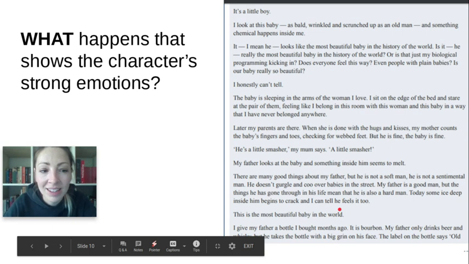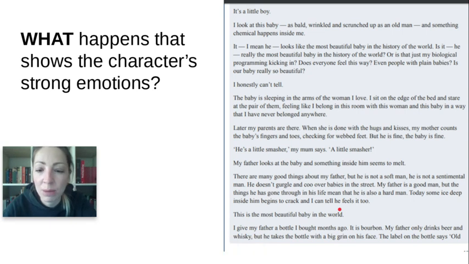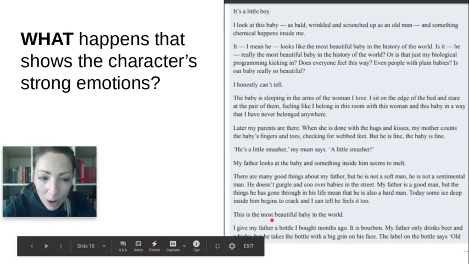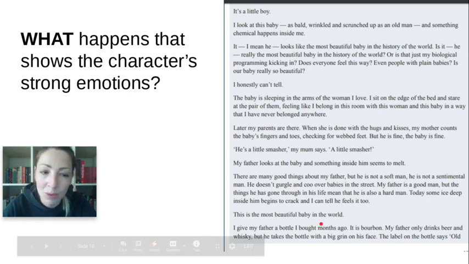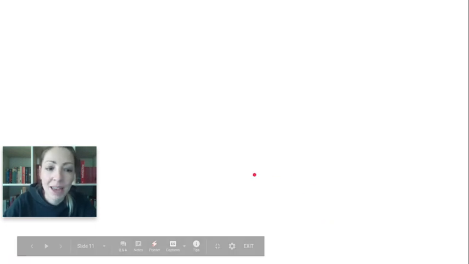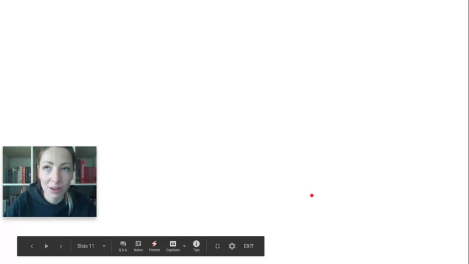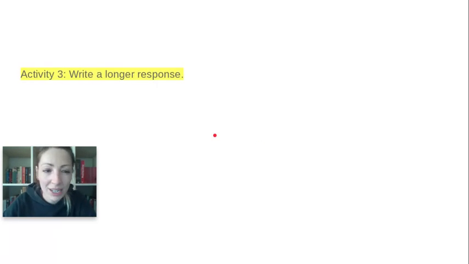So he's excited seeing his dad's strong emotions. Again, we get the repetition of it being the most beautiful baby in the world. So there's a lot there, isn't there? And if you look on the second page of the text, you'll see lots of things that he does and says that show his strong emotions. Okay, so not a tricky text this week. I think you can get lots there.